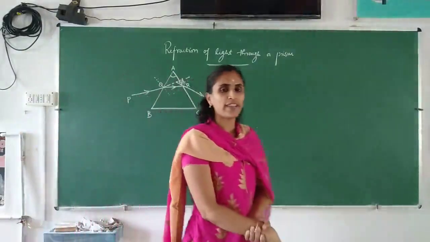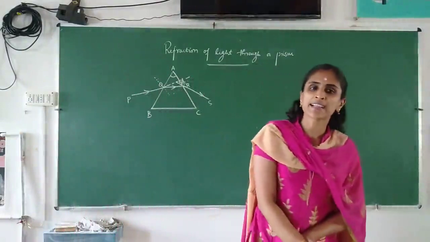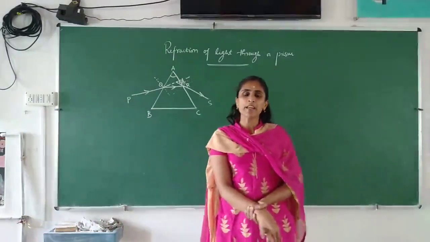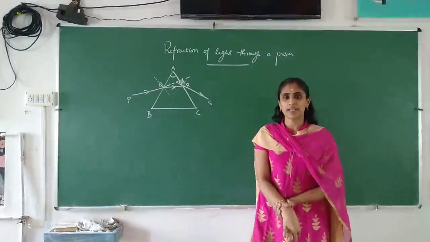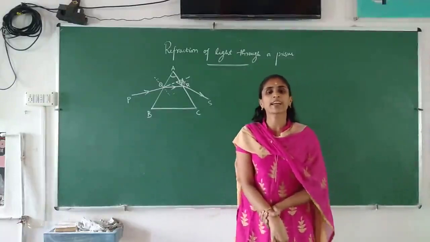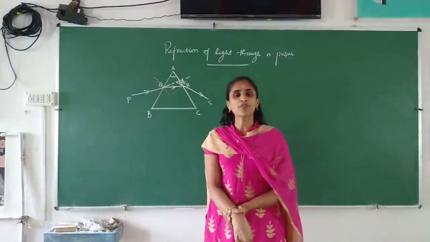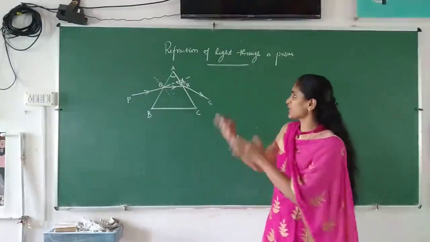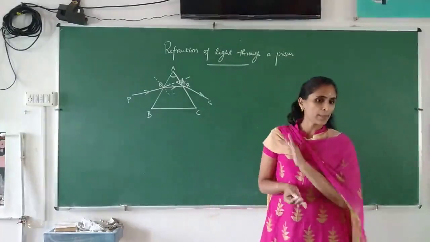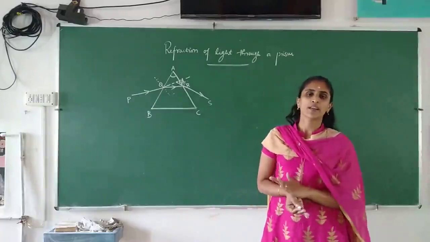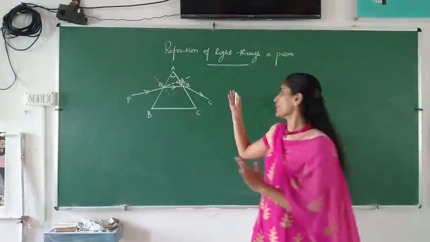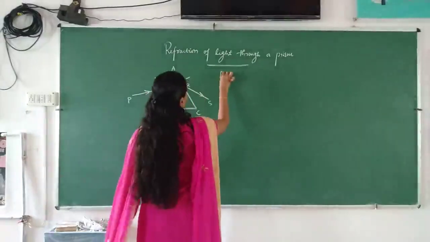The angle of deviation is the angle made by the extended incident ray and the emergent ray. From this we can conclude that the emergent ray is not parallel to the incident ray. Is it clear?